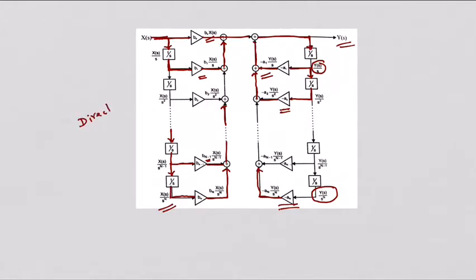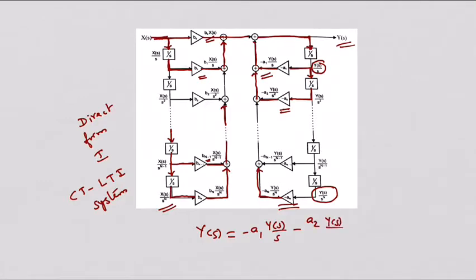I'll write it here. Direct form 1 structure of a CT LTI system in terms of its differential equation converted into Laplacian domain. So ultimately you are writing y of s is equal to minus a1 into y of s by s, minus a2 times y of s by s squared, minus a3 times y of s by s power 3, etc. It goes on and on.